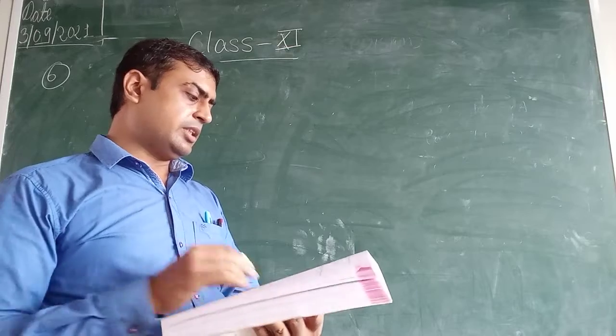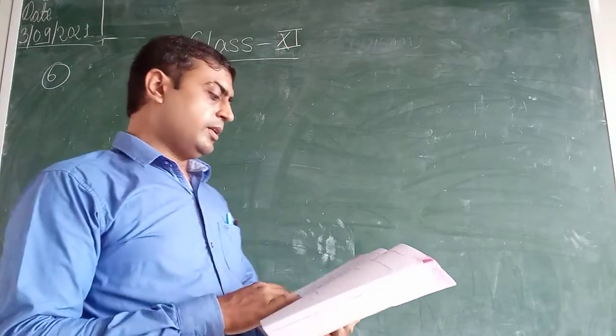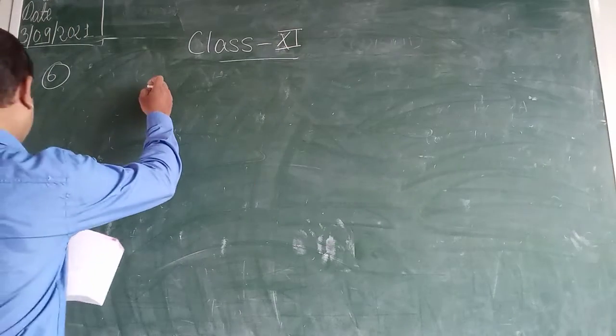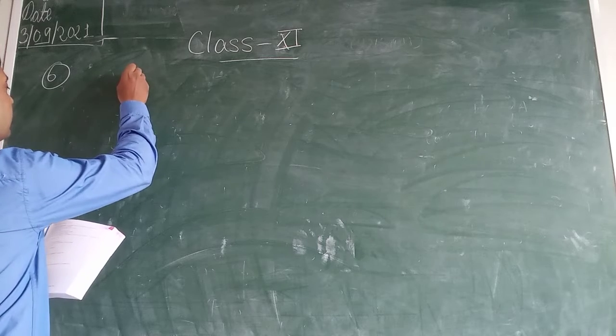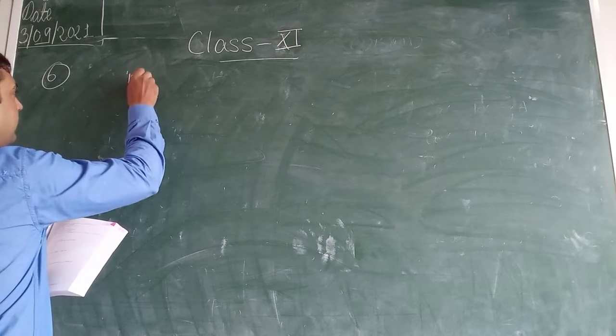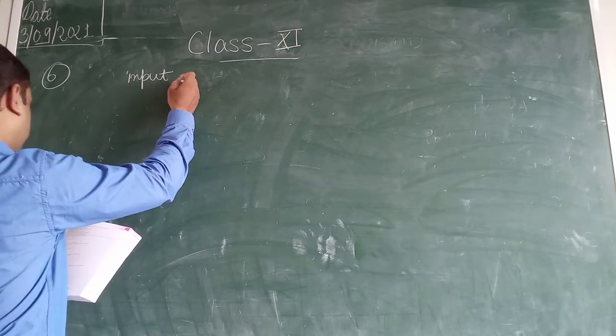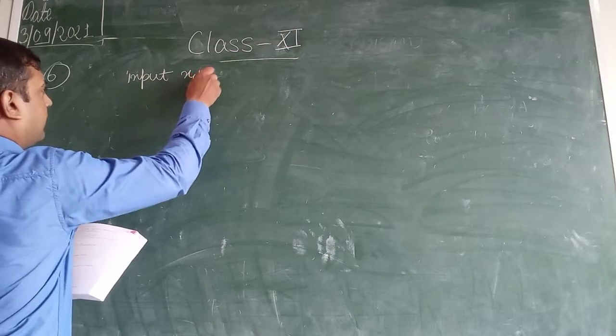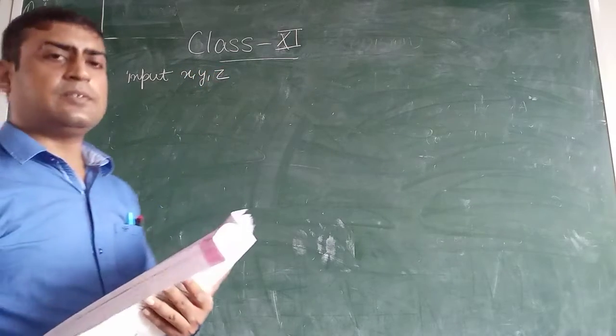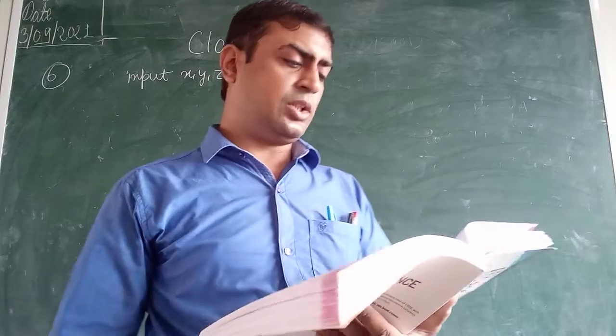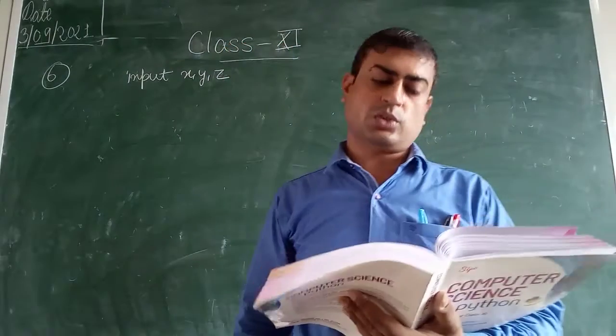We have to write pseudo code. Let's start. Input x, y and z. So in the first step you will take the input. This is not the program, it is the pseudo code only.